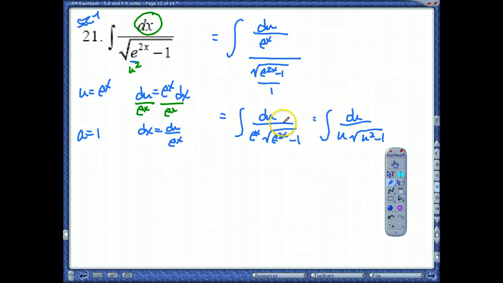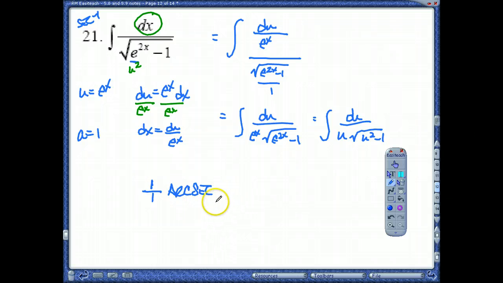We know this is inverse secant. We know what u is equal to. We know what a is equal to. We are ready to go. Okay, because we get our 1 over a, which is 1 over 1. I'll write it down even though I feel silly. We'll fix that in the next step.